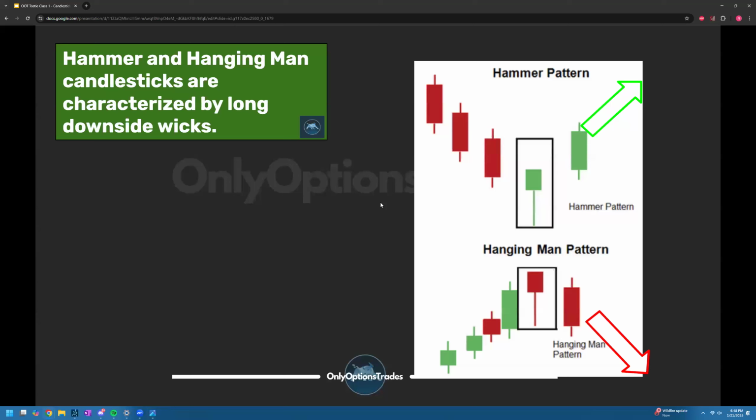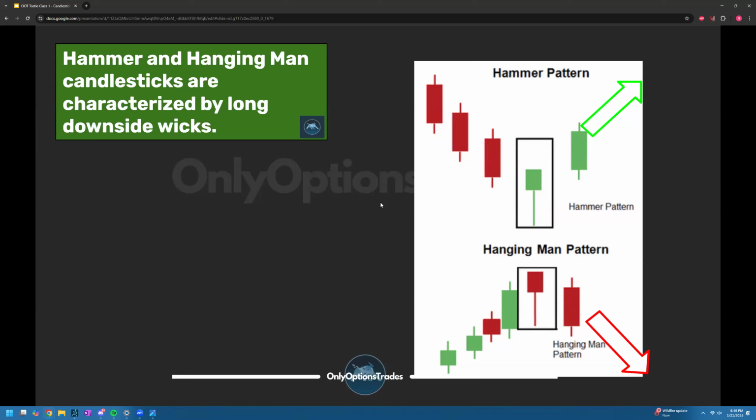But honestly, in my opinion, none of that really matters. If you understand why something is a reversal bar versus why something isn't, and what a strong candle close looks like versus what a weak candle close looks like, that is far more important than being able to rattle off, okay, this is a hammer, this is a hanging man, this is an engulfing, blah, blah, blah. Just want to make that clear.